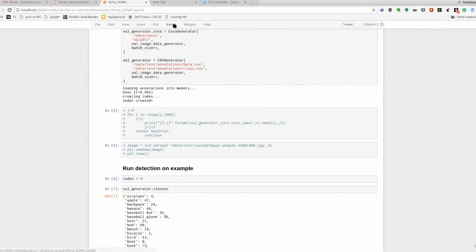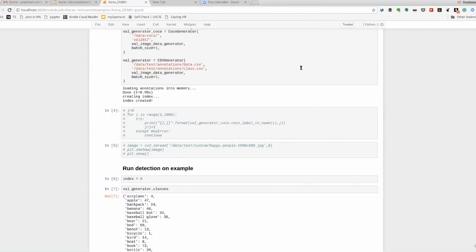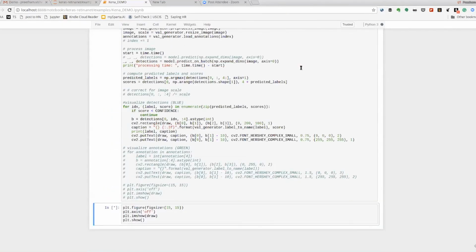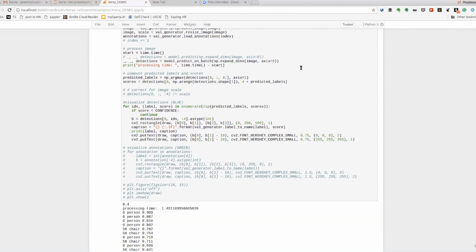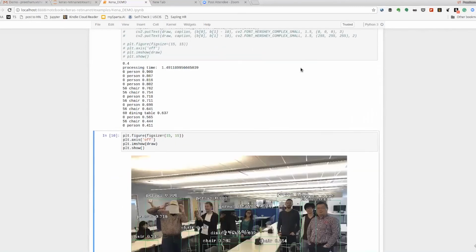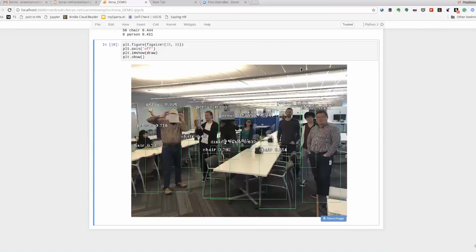So I have saved the photo that I just took. I'm going to run my code against that photo, using a confidence threshold, so it identifies persons, chairs, whatever. And this is the output.